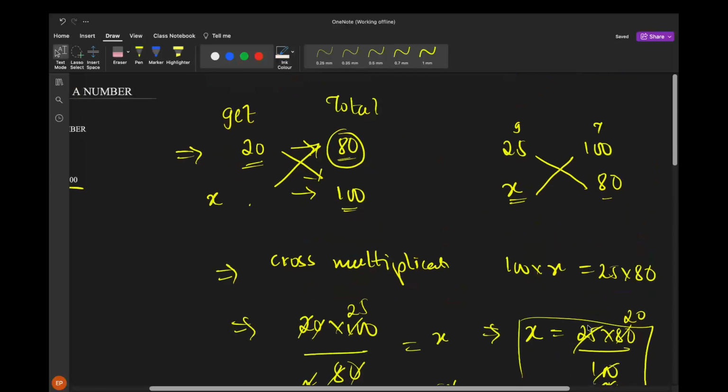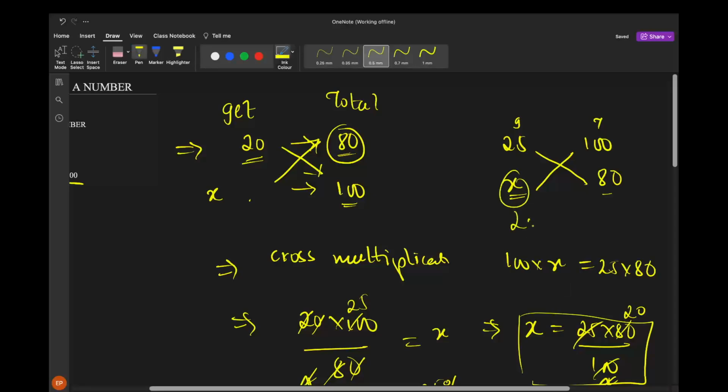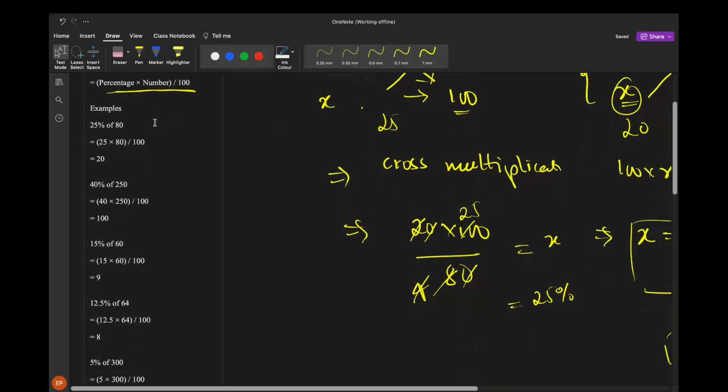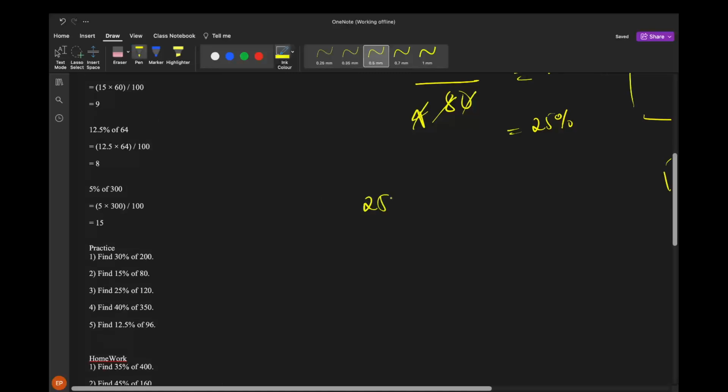This is the basic funda. See, 20 for 80, 25 for 100. Here also 20 for 80, 25 for 100. Same, right? Please remember this: how much I am getting, how much total is there, how much should I get, and for how much. Here they are asking 25% of 80. It means they are getting 25 for 100. How much will they get for 80?